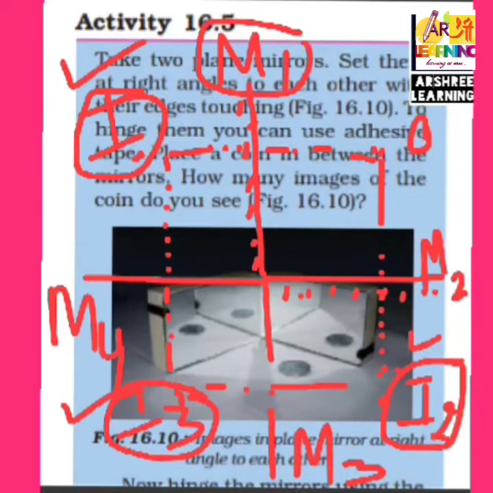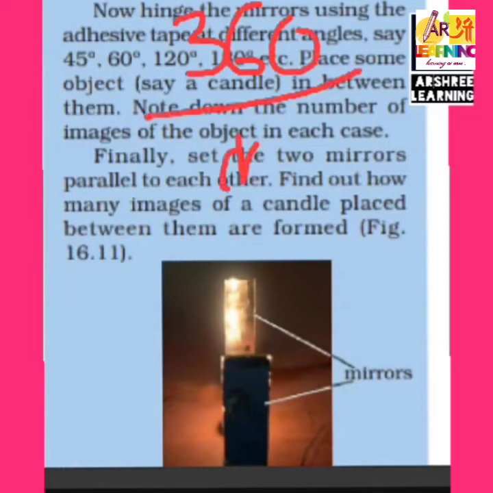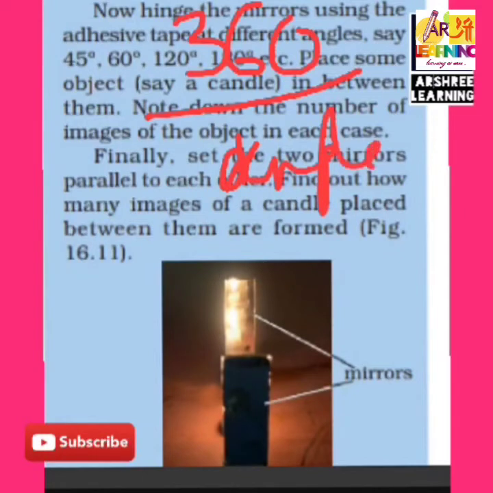This is the phenomenon which is called formation of multiple images, and the number of images can be calculated by a simple formula. Divide 360 by the angle between the two mirrors.